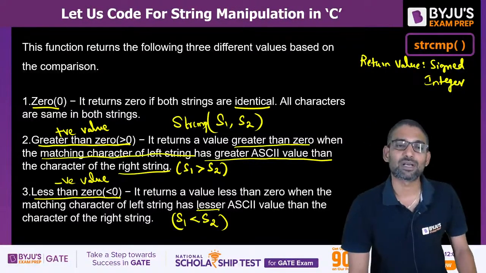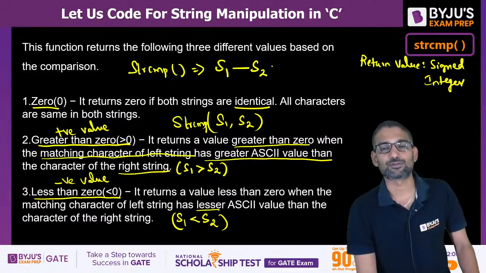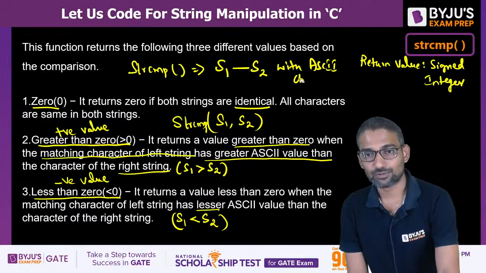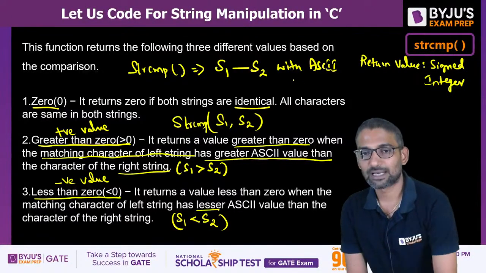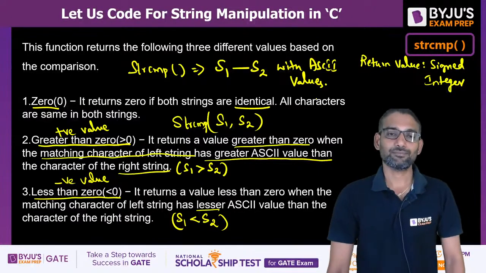That means what actually is it doing? It is performing S1 minus S2 with ASCII values. It is finding the difference between the ASCII values of S1 characters and S2 characters.